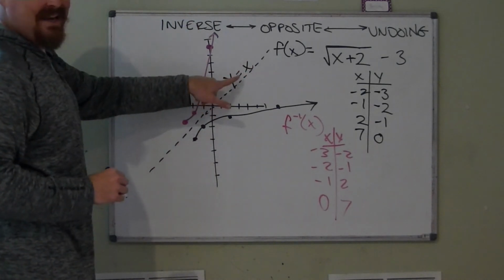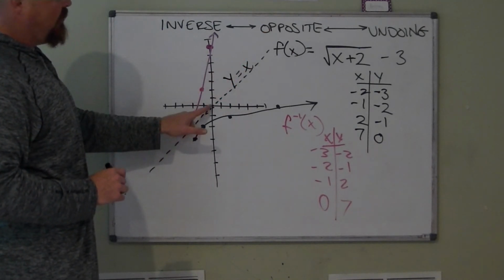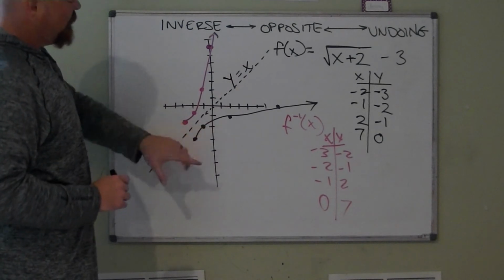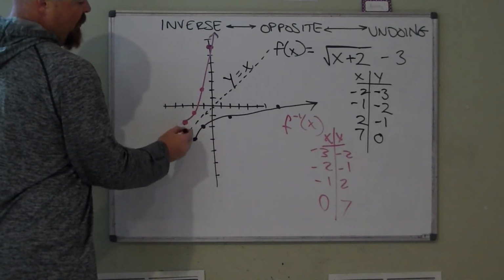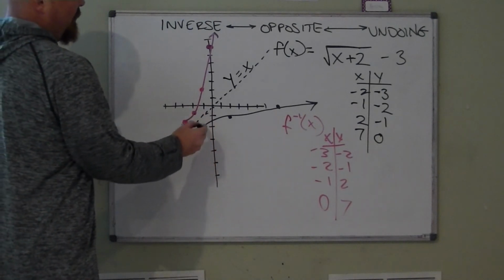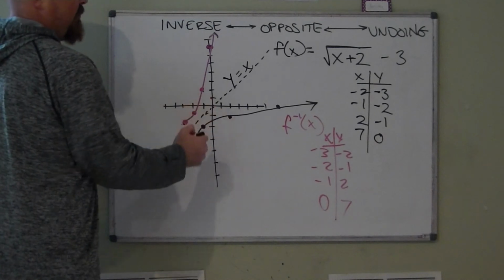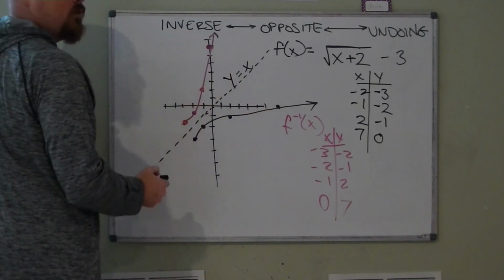We call this the identity line. It's a basic linear function that crosses through the origin and has a slope of 1. Every one of these points is a mirror reflection over the line. Again, it's drawn freehand, so it's not perfect. But this point reflects over the line, this point, this point, and this point.